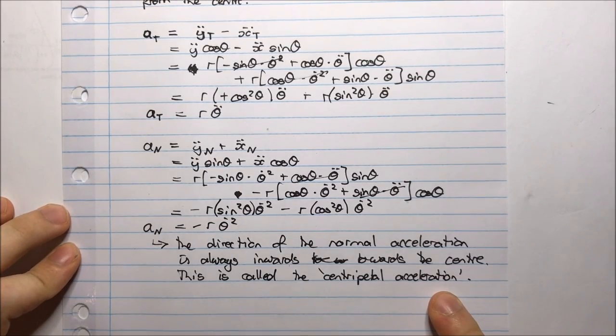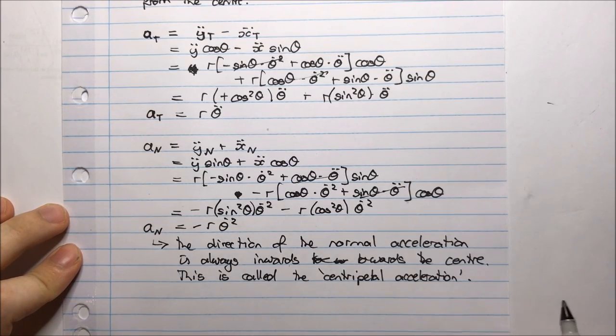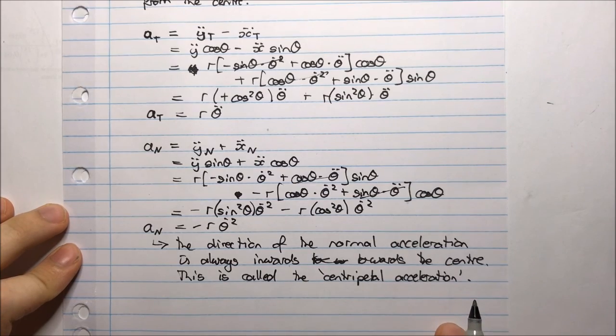So what do I mean by that? Well, let's consider I have a ball on the end of a string and I'm spinning it around my head and it's going in a circle. Now, if the ball doesn't break off and fly away, it'll be moving in a circle, and the force that's keeping it going in a circle is the tension force in the string.